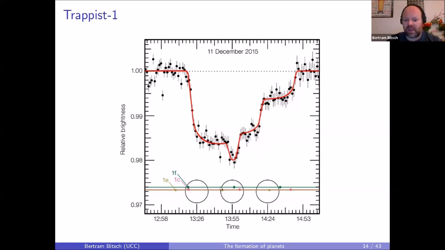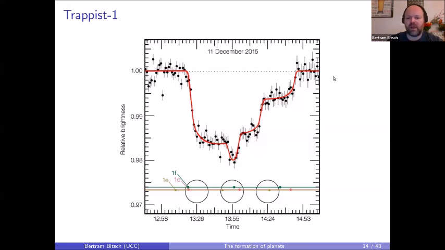Then the third planet enters here. We have the deepest position in our brightness. Then the 2 planets F and C are moving away from the star again, so our brightness increases again. And once planet E has left the front of the star, you go back to our baseline, our relative brightness.